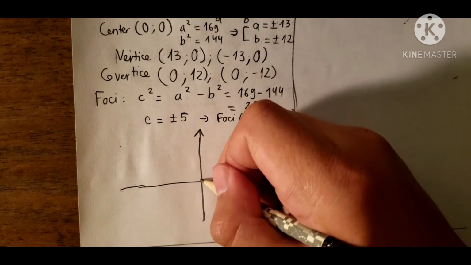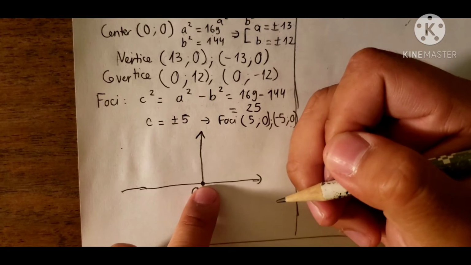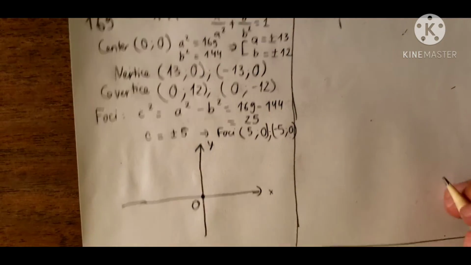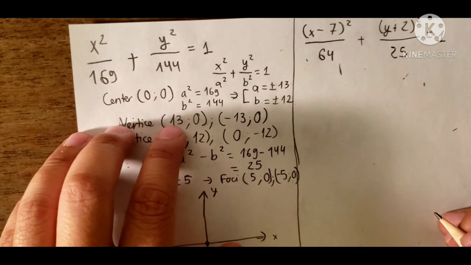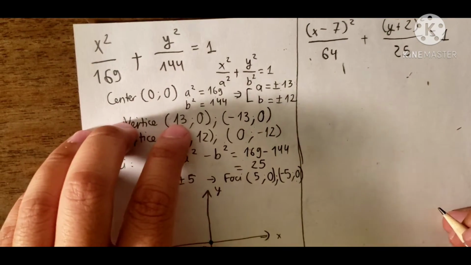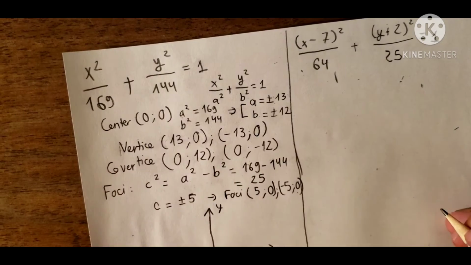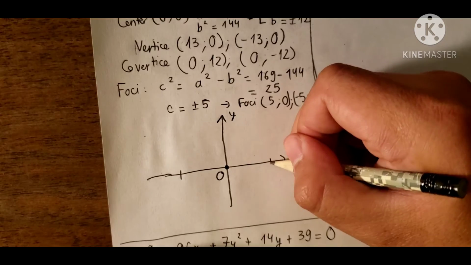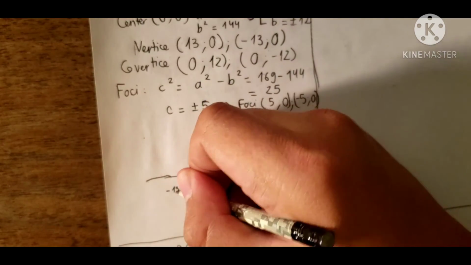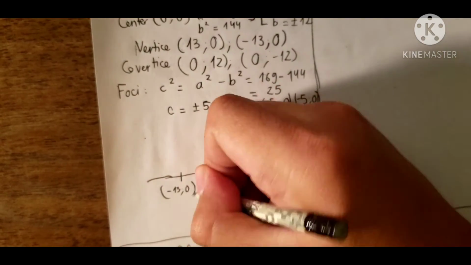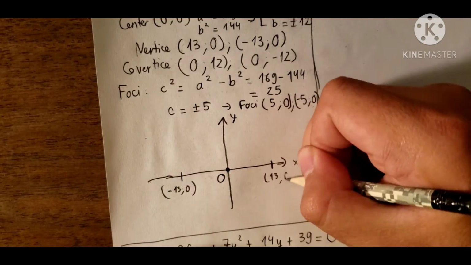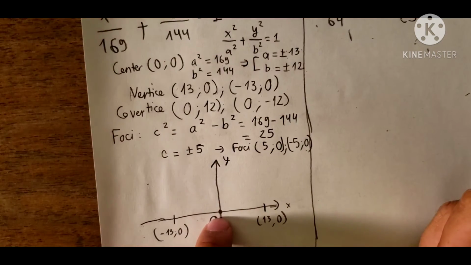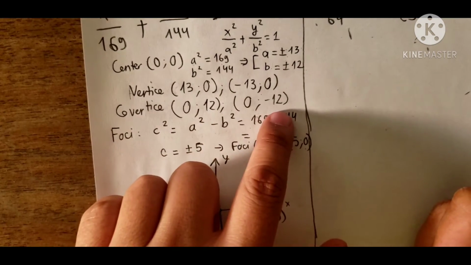So the center is in this location. That's about 0, x and y. Now we can see that 13 is on the x and minus 13 on the x in here, so we put this one and this one. The co-vertex is about on the y, so we have 12 and negative 12 in here.